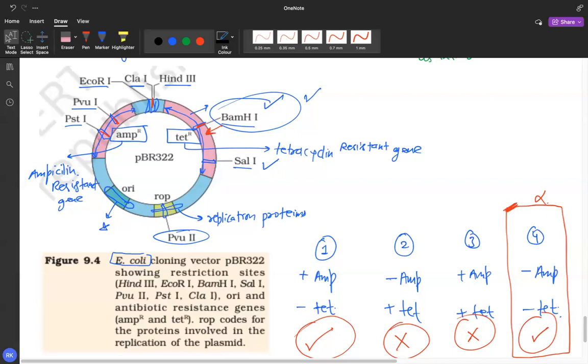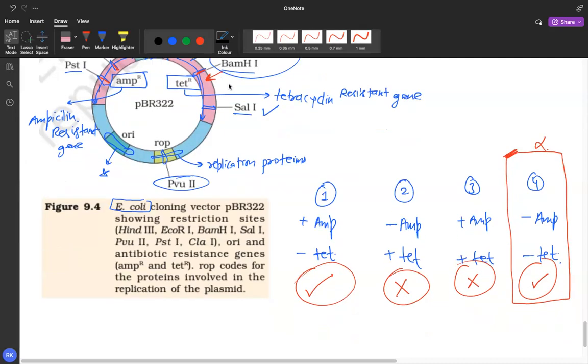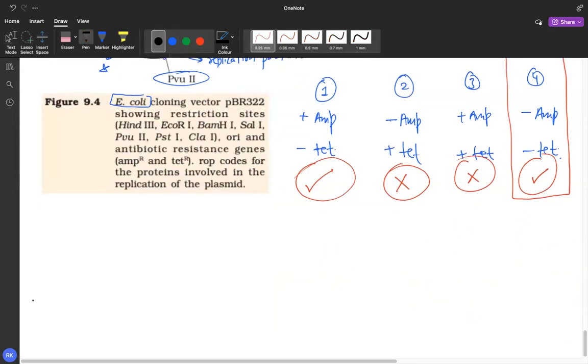So there is another method which is called insertional inactivation. In this case, we are inserting our gene of interest to inactivate the antibiotic resistant genes. This method is insertional inactivation: you insert something and, because of that insertion, you inactivate something which is already present.